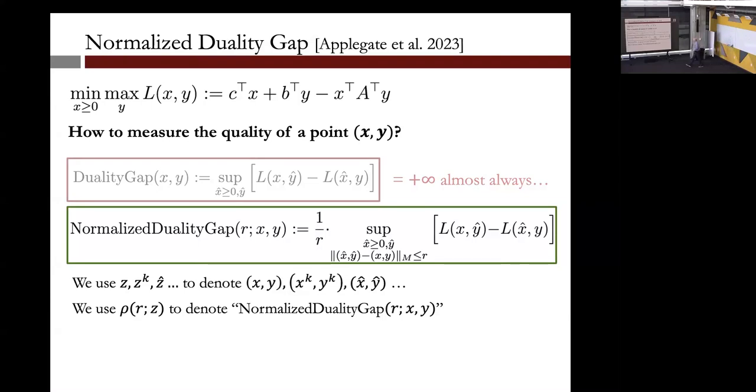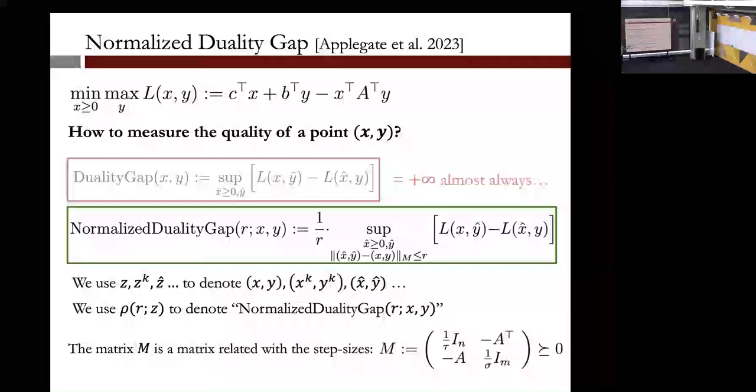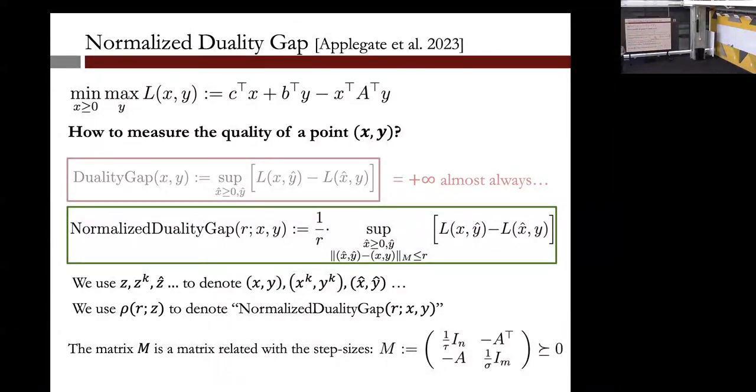All right. So the norm that I'm going to measure things with, and this is going to be on my z variables, which is just the pair x, y, is the norm induced by this matrix. And it is just an identity matrix on the diagonal with a minus A and a minus A transpose, and those step sizes factored in. This is the way the theory works out.